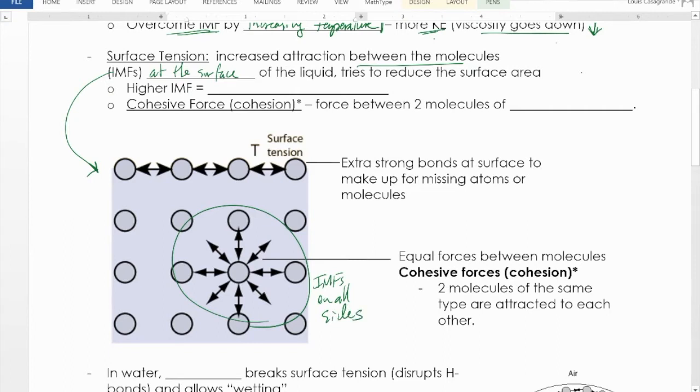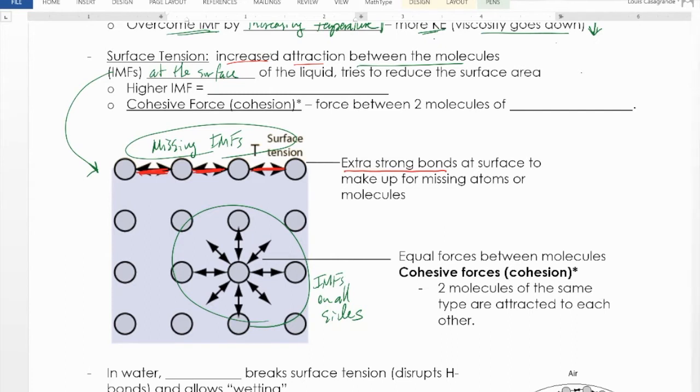At the surface, we're missing intermolecular forces up above the surface. And so what happens is the forces between the particles at the surface have to be extra strong. Increased attraction, as I said up here, increased attraction between those molecules, making up for missing atoms.